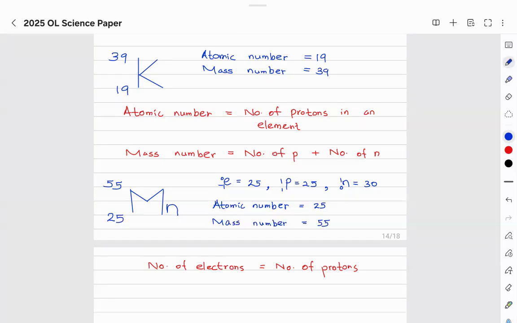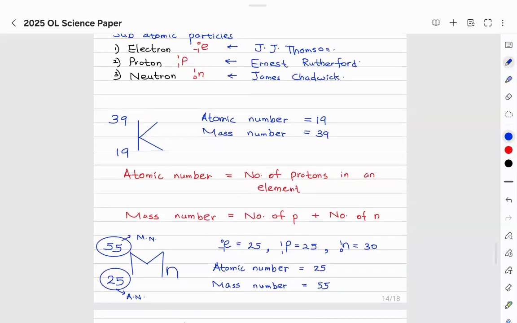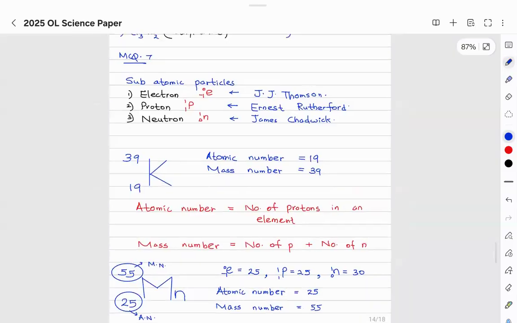Right? So in the left side down corner, we have the atomic number. In the left side upper corner, we have the mass number. This is what you have to know about the simple subatomic particles, atomic number and the mass number.